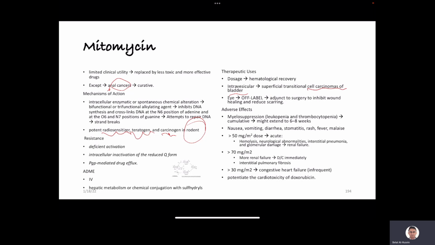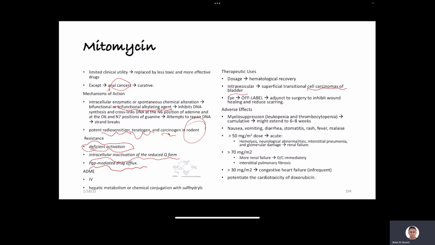Resistance could be mediated through reduction of the activation of the drug to the functional alkylating agents, or increased breakdown of the drug, or reduction of the intracellular levels by activation of efflux mechanisms. As we have mentioned, it's used for anal cancers or transitional cell carcinoma of bladders.